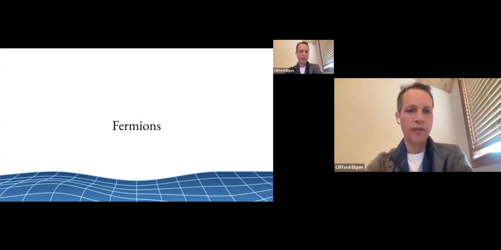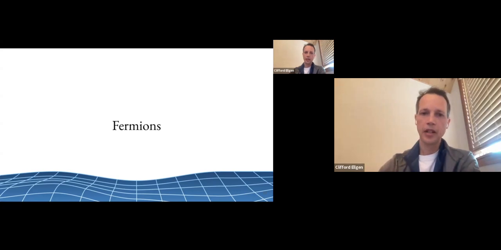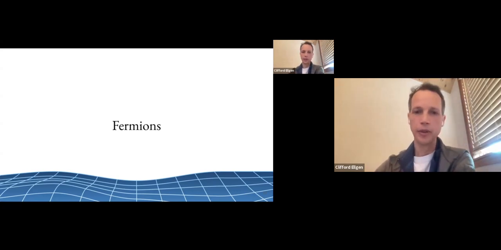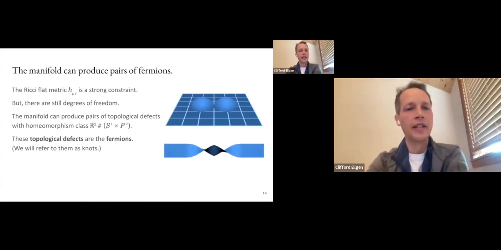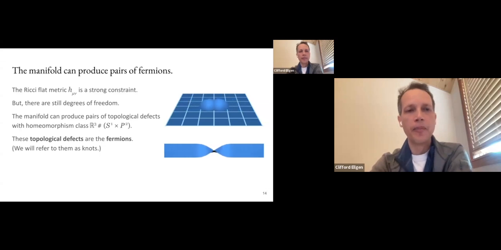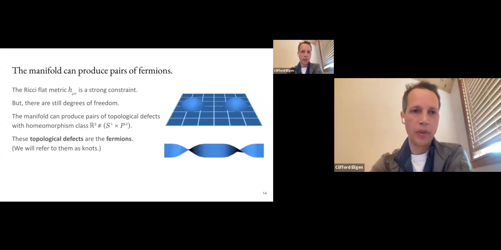In order to tell an interesting story about physics, we're going to need some particles, especially fermions. So fermions are electrons, muons, tau, neutrinos. And fermions appear in this theory because we have constraints on this manifold.